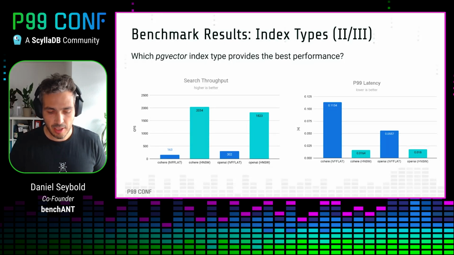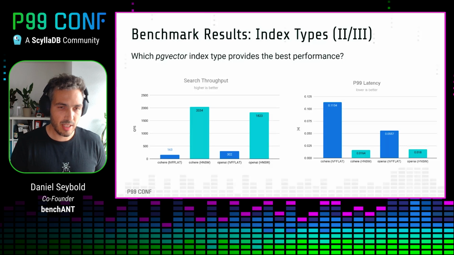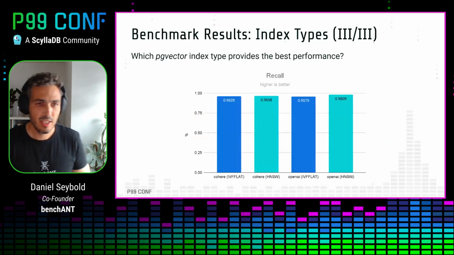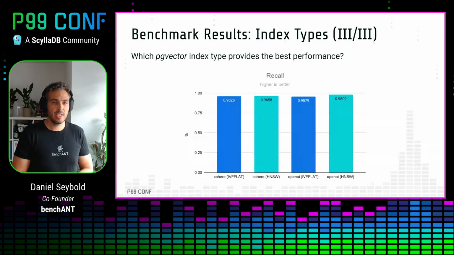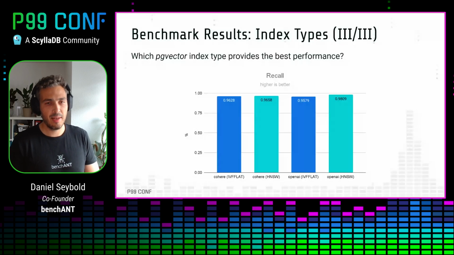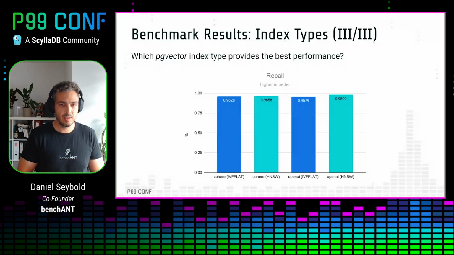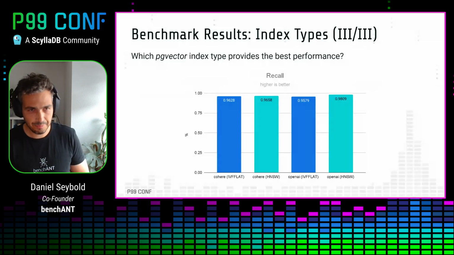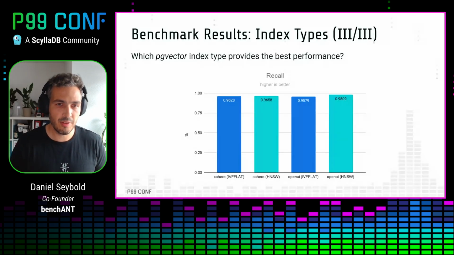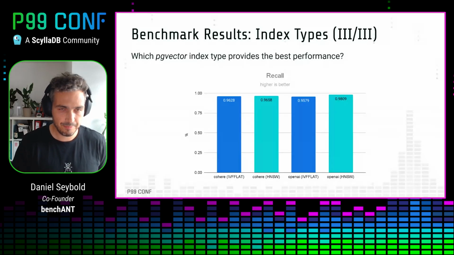As already pointed out, there's also the fourth important metric, which is recall. Here, for these two index types, for that dataset, there's not much of a difference between the two index types in their recall, which is between 95% and 98%.